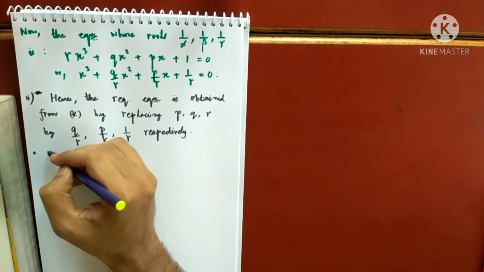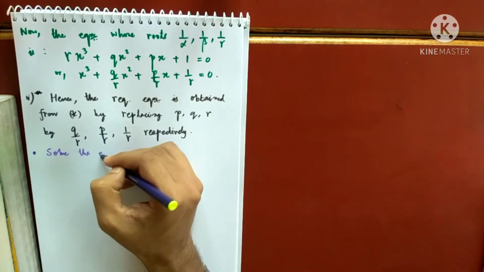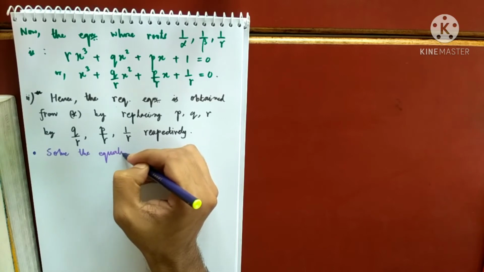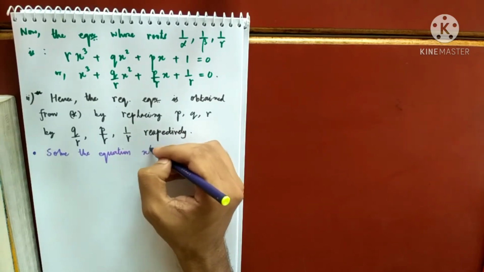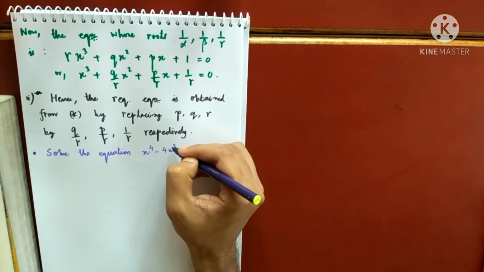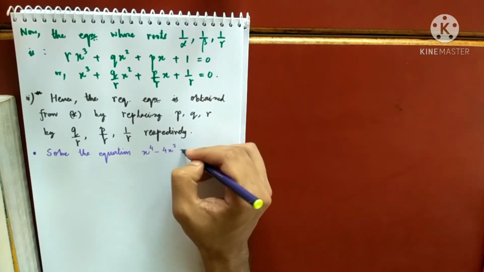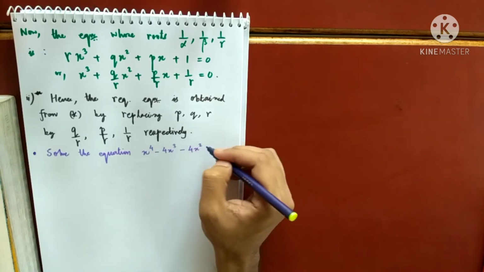The question is: solve the equation x to the power 4 minus 4x cube minus 4x square minus 4x minus 5.